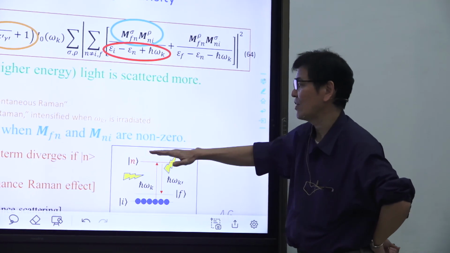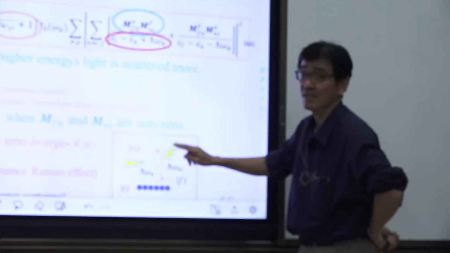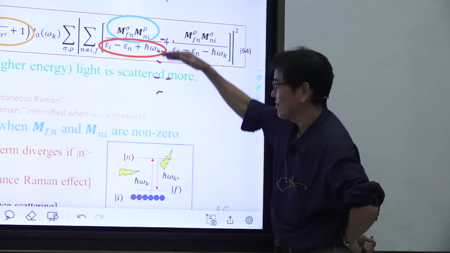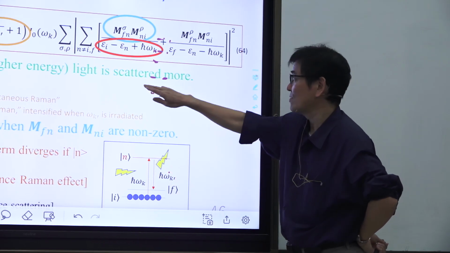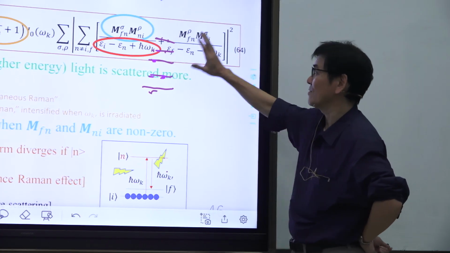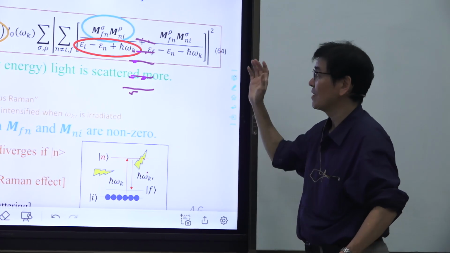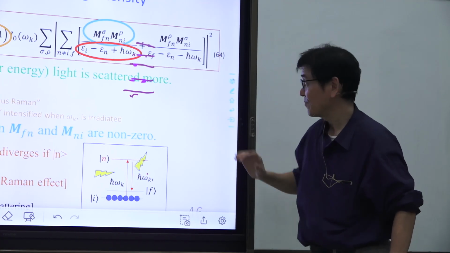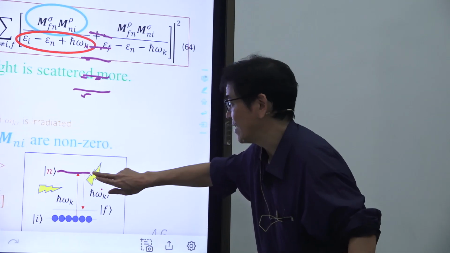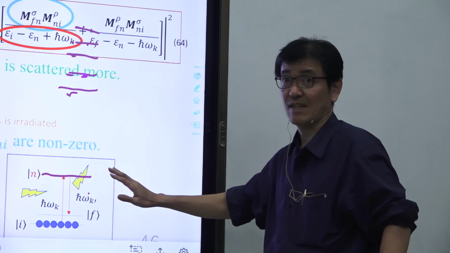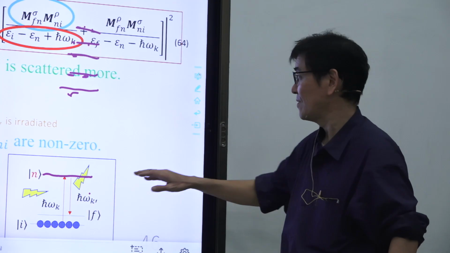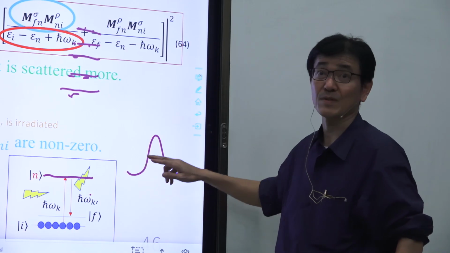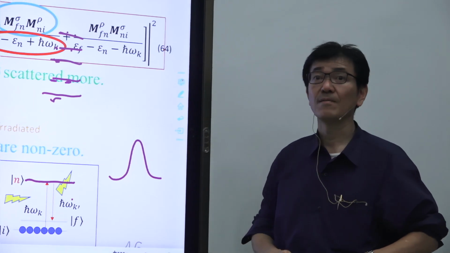So not only one state contributes to the intensity, but all levels, far from the excitation. We call these unidentifiable states a virtual state. If there is a real energy state, then this is a real state. So real state means some absorption occurs, and an absorption band is observed.